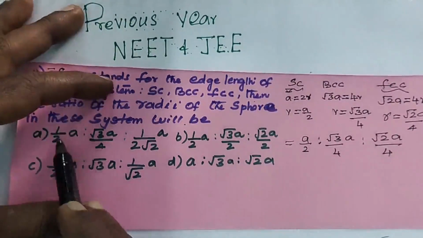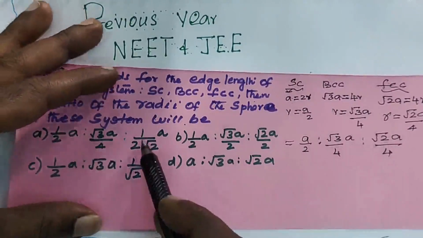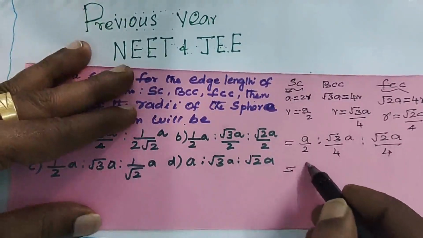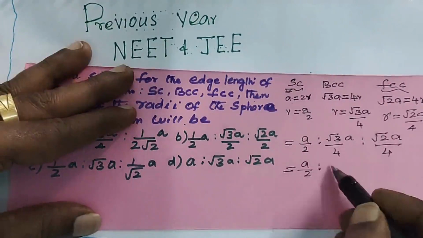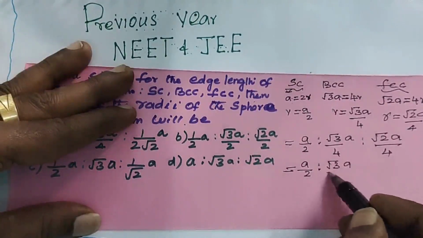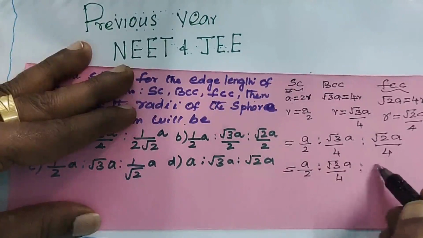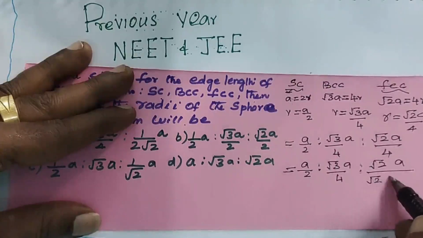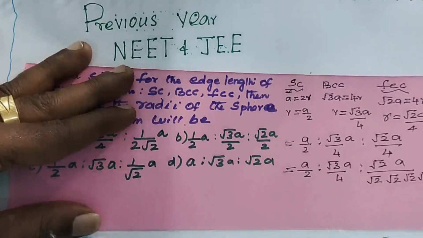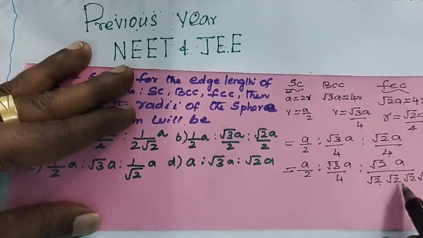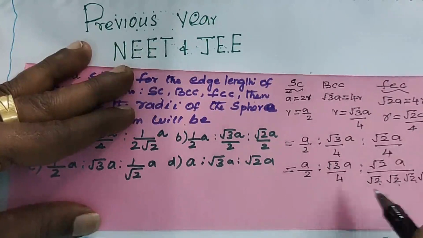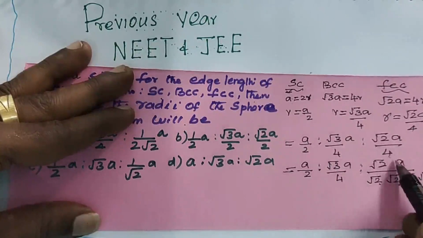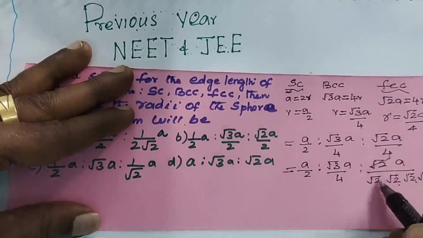So the first two values are the same. For the third value, a by 4 root 2 can be written as root 2 into root 2 into root 2, or simply 2 root 2, where a root 2 gets cancelled.